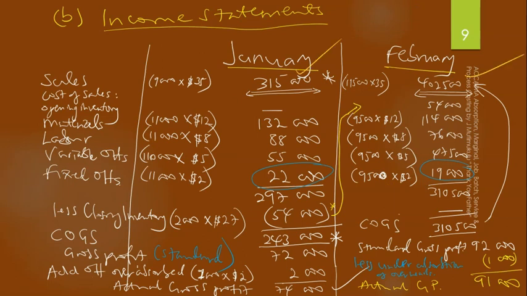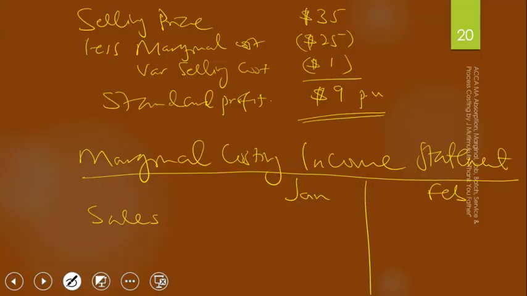All right, let us start with the January figures. That's 315,000. We just have to incorporate those ones. So that's 315. Okay, I'll just use dollars.